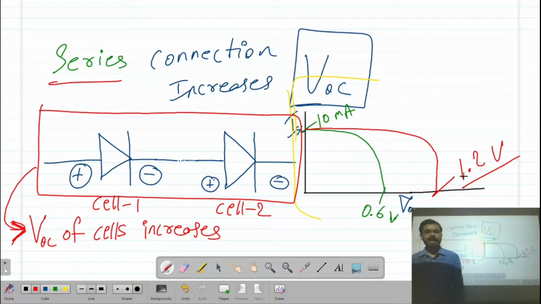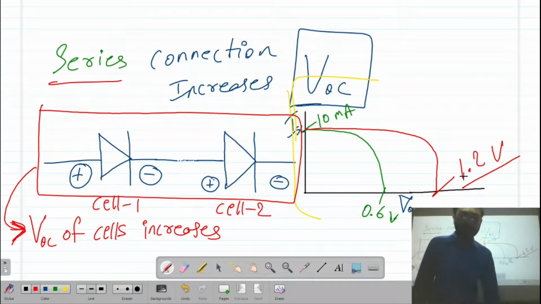So the series connection of cells will increase the overall voltage of the combination, right? So this is all about the series connection of a solar cell.